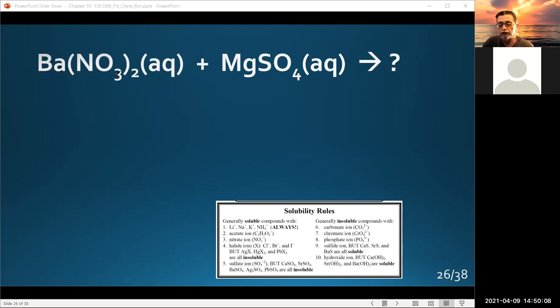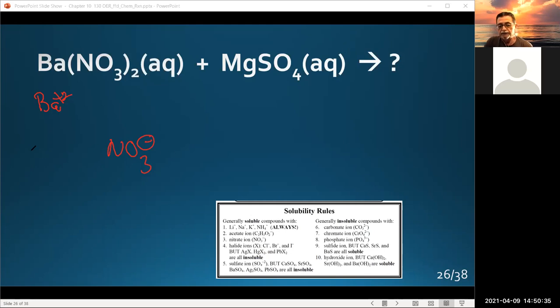We have barium nitrate. We know that barium is a +2. And the nitrate, I'm going to put it down here because I'm going to combine them. The nitrate is a -1. Let's do magnesium. I'm going to make that a different color.